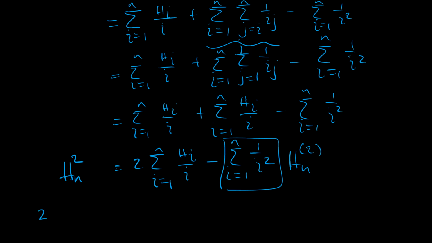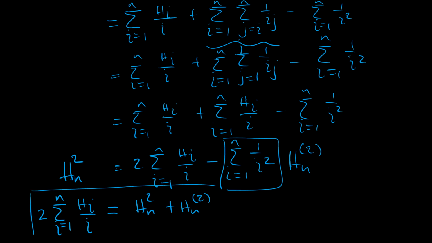So we can see that 2 times the summation of Hi over i is the same as Hn squared plus Hn^(2).